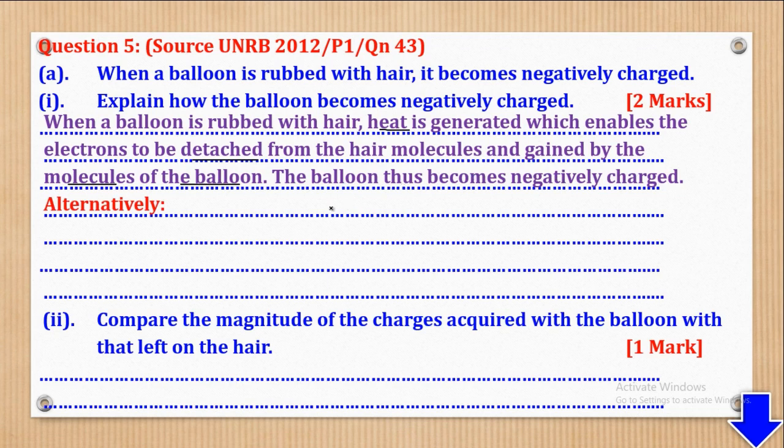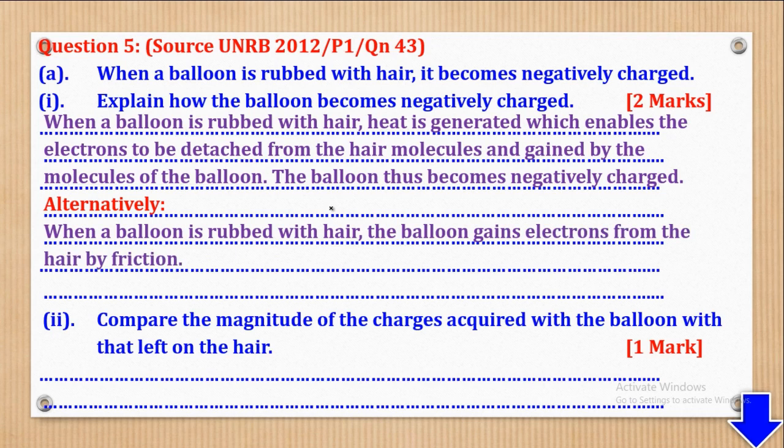Alternatively, you can also explain it in this way. You can say that when a balloon is rubbed with air, the balloon gains electrons from the air by friction. And after that, we shall say that the excess electrons on the balloon then give it a negative charge.